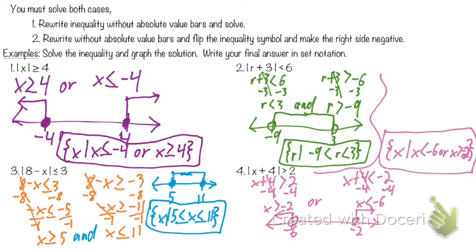So did you have x is less than negative 6? I had x is greater than. Okay. So when you wrote the inequality, did you have x plus 4 is less than negative 2, or did you have x plus 4 is greater than negative 2? Greater. So when you make your second inequality, not only do you make the right side negative, you also flip the sign. Okay, would that clarify that for you? So wait, then they would. Wait, so 2 would be going this way.